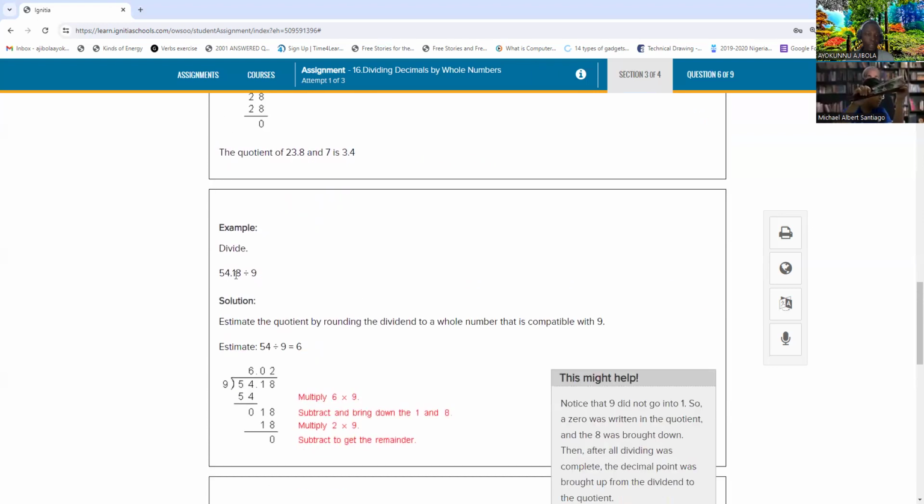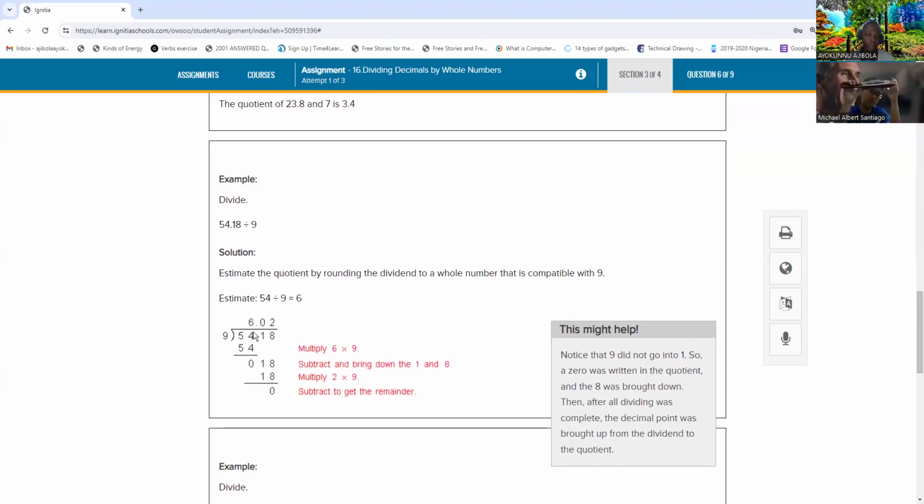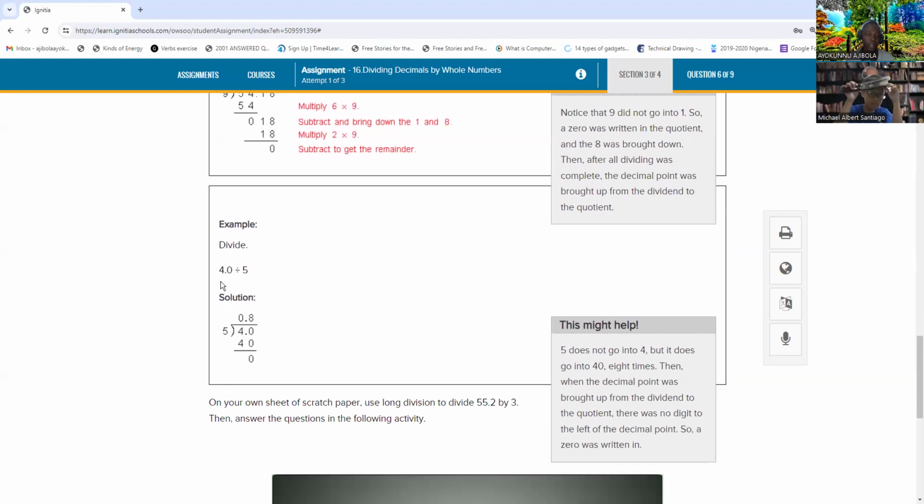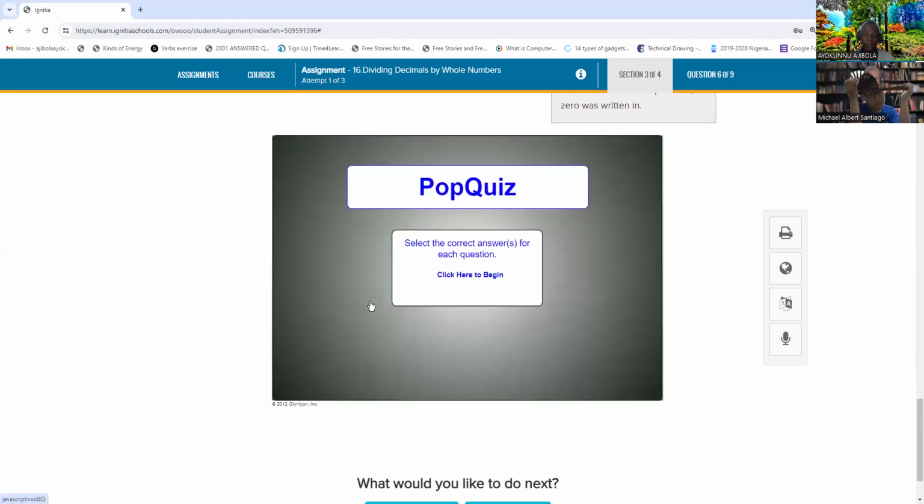Then the next one, 9 in 54 is 6, then that's 54, nothing remains. 9 in 1 is 0, 9 in 18 is 2, and that is 6.02. Then this one, 4.0 divided by 5. 5 cannot go in 4, that's 0. Then you have 40, 5 in 40 is 8, then you put a point. Is that clear?